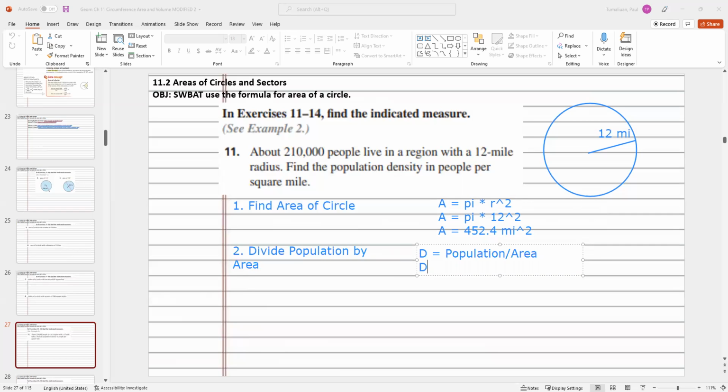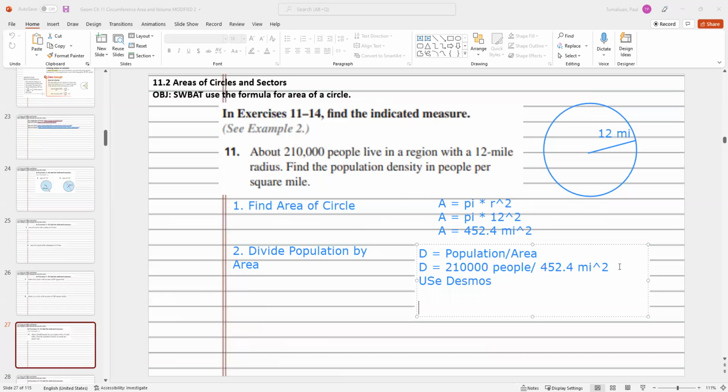So we have D equals 210,000 people divided by 452.4 square miles. And remember, in the calculator, I'm actually going to use the non-rounded number, 452.3893421. Okay, so use Desmos. And what do we get?